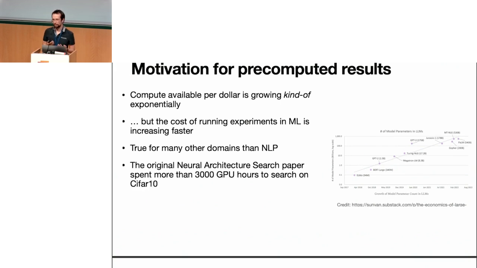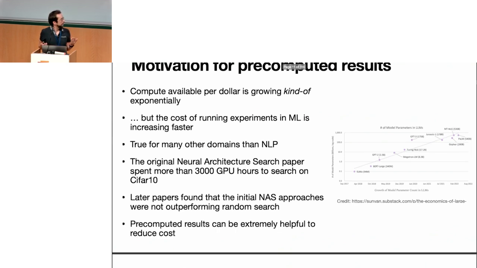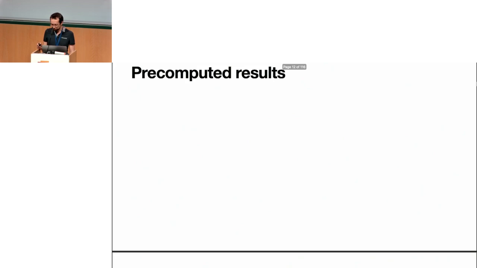So for instance, you may all know that, but the original neural architecture search paper requires 1,000s of GPU hours just to find one architecture on CIFAR10. And then obviously the authors could not compare, for instance, with random search, or show that their methods were statistically better. So that's kind of unfortunate, but hopefully, as I will show, we can use pre-computed results and we can avoid those issues.